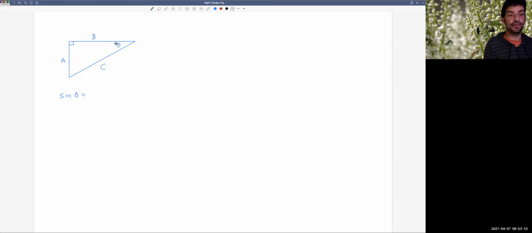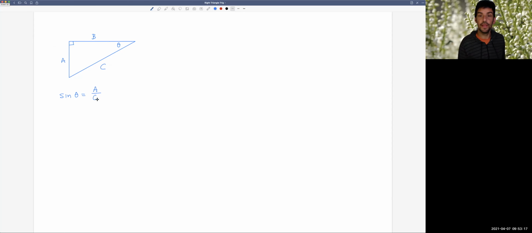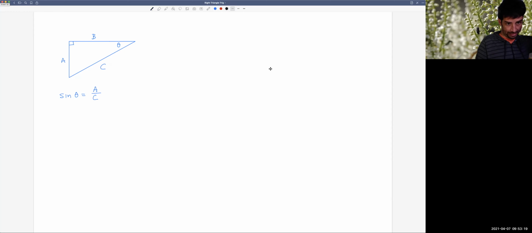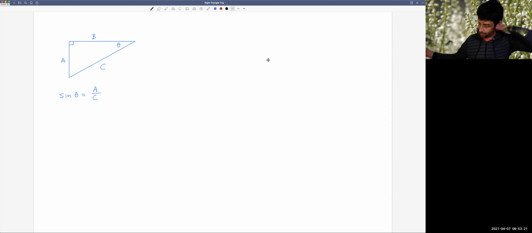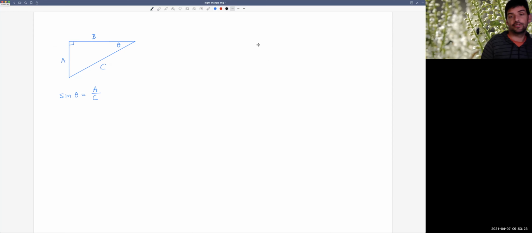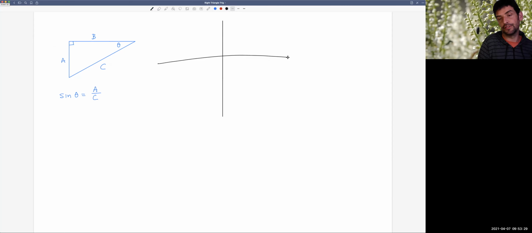That would be the opposite, the side across from theta, over the hypotenuse. Okay, well, let's see if this still makes sense. Now I took something from the unit circle and turned it into a triangle. Let's take this triangle and see if we can force it into the unit circle somehow and not have it conflict with what we've done so far.